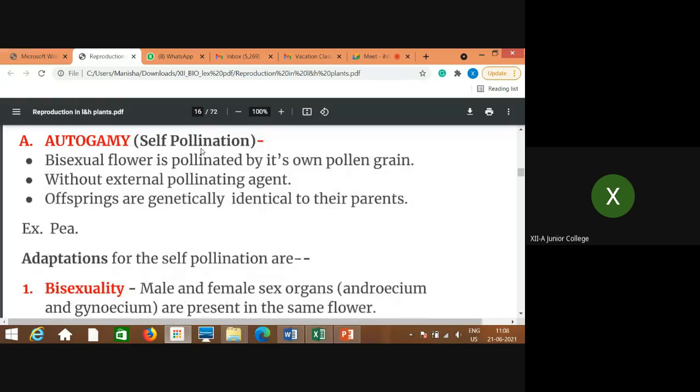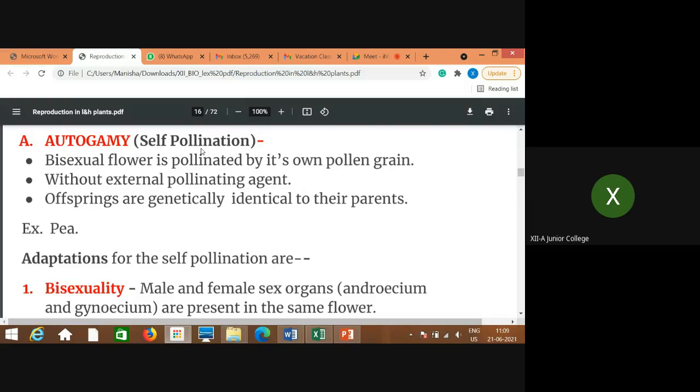Now, one by one, we will discuss these types. Autogamy, that means self-pollination. What are the important points that we should remember when autogamy or self-pollination takes place? In case of bisexual flower, it is the pollination by its own pollen grains.